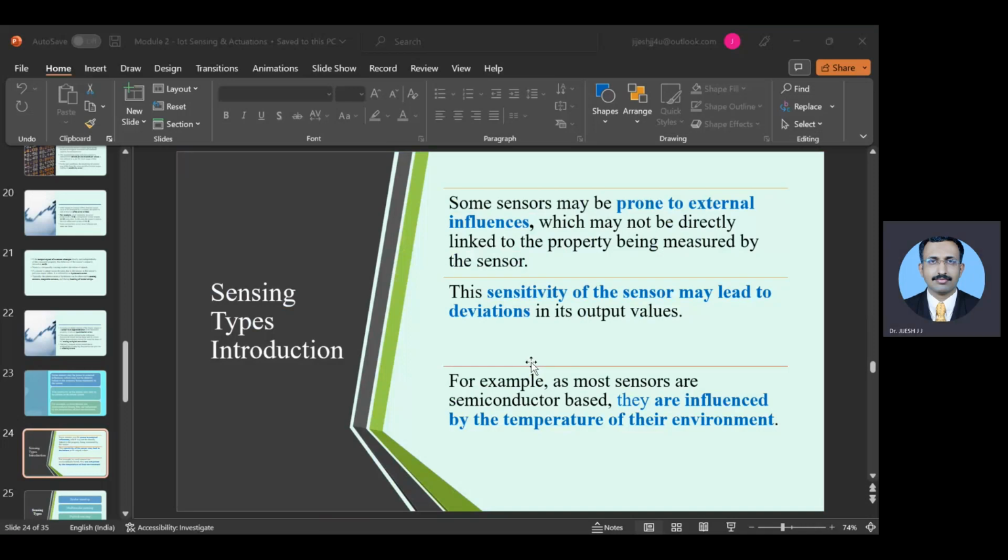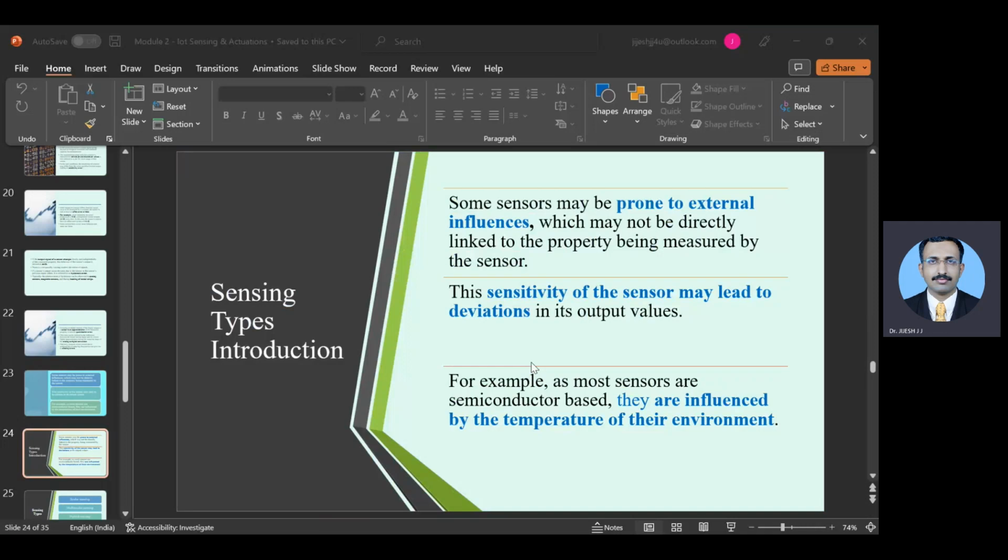So listen here. Some of the sensors are prone to external factors or external influences. You know that most of the sensors will be designed with semiconductor devices, right? So what happens when you are going with semiconductor devices?